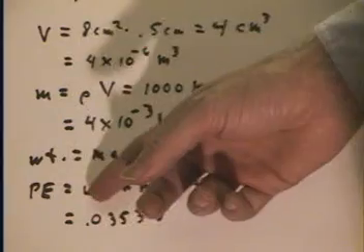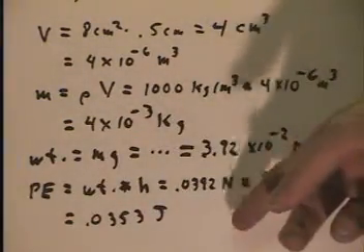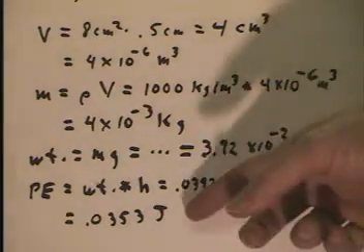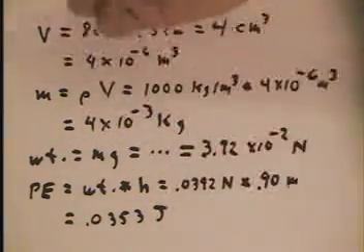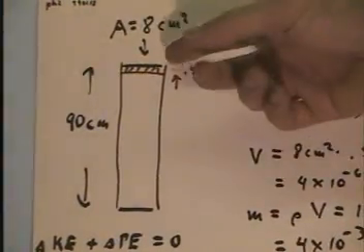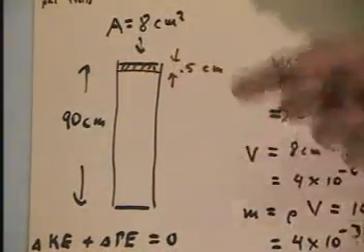Its potential energy is the weight times the height, which comes out to 0.0353 joules. So that's the potential energy of this bit of water at this altitude.